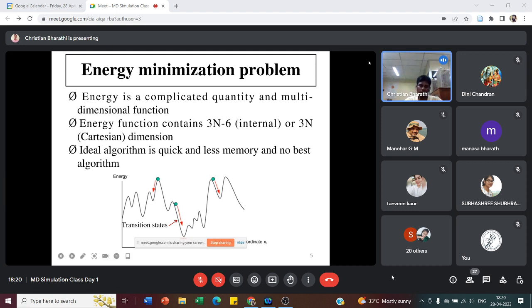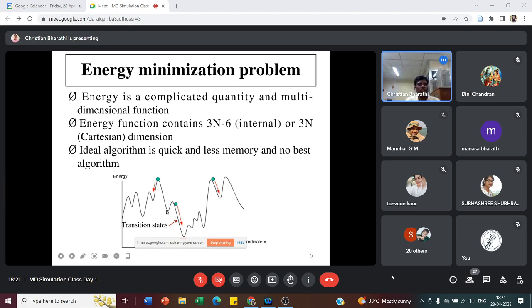For example, we are taking the protein in this position, and we are trying to bring it to the minimum energy of the protein, so it may reach here, and we can think that it is its minimum energy.